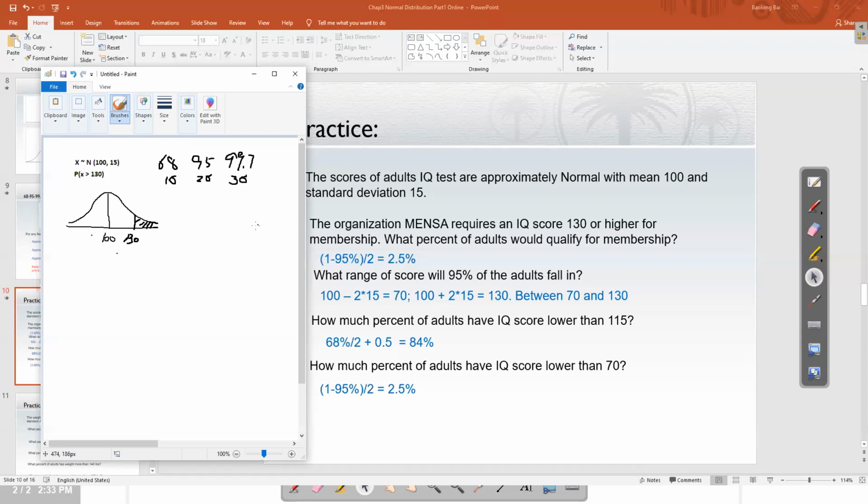We realize 68 is for 1 standard deviation, 95 is for 2 standard deviations, and 99.7 is for 3 standard deviations, right? So for finding the area of the tail, first we need to determine the distance from the center to the boundary of the event. The distance from 100 to 130 is 30, right?